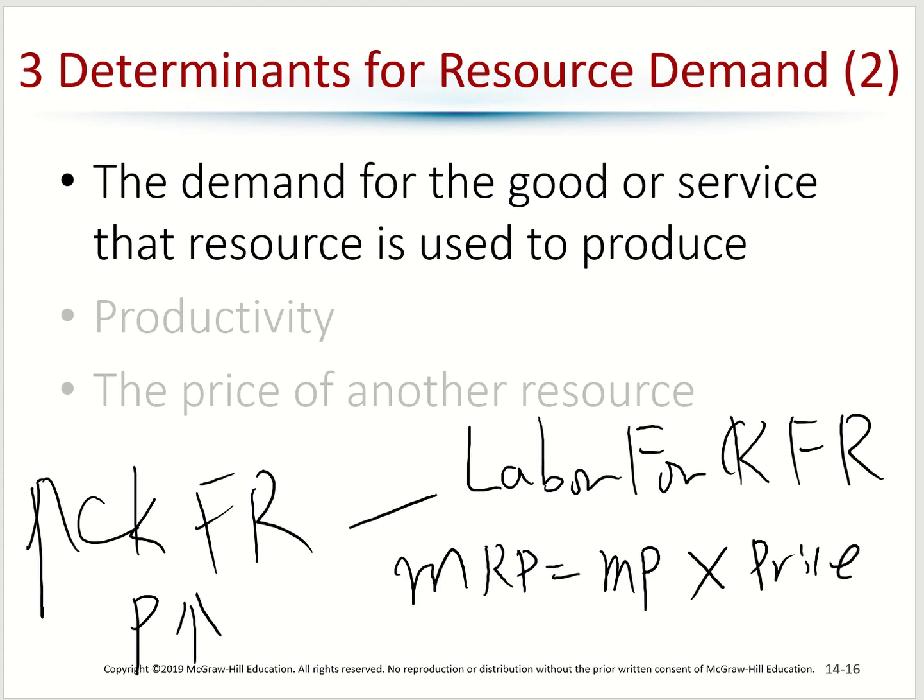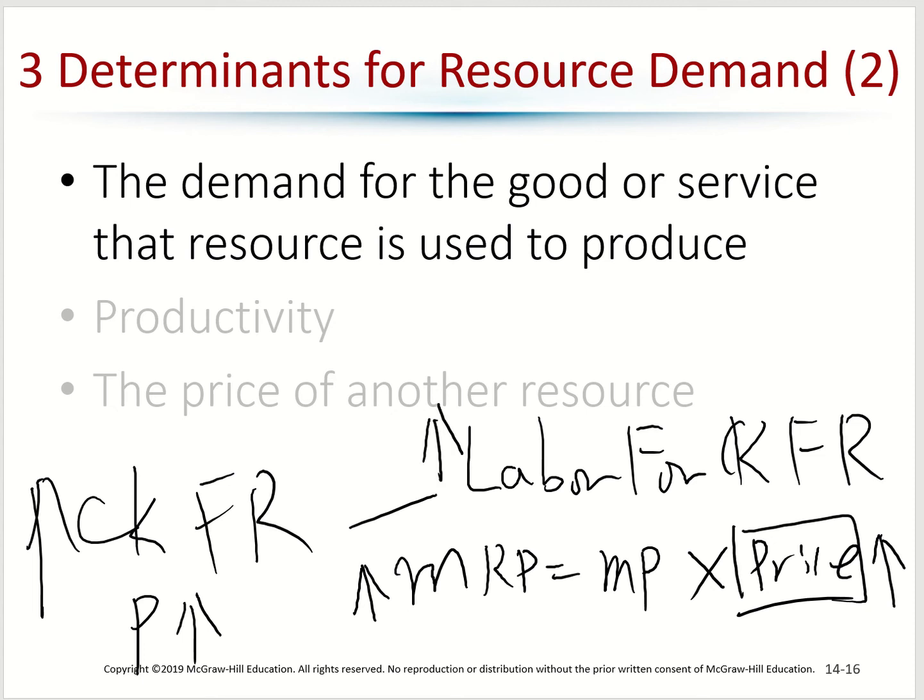So if the price of the good increases, then the marginal revenue product also increases. That means each additional worker, each additional chicken fried rice specialist, can produce more revenue for the company. What would that do? That will increase my demand for my chicken fried rice specialists. So demand for labor for chicken fried rice also increases.